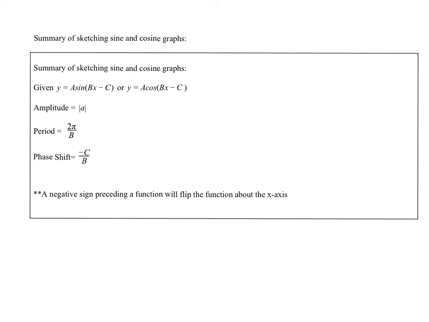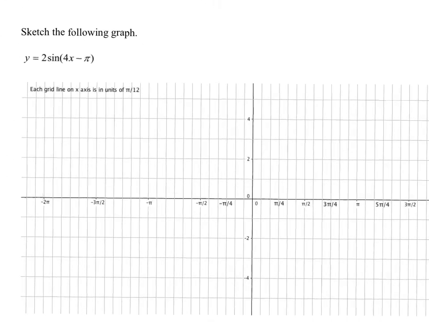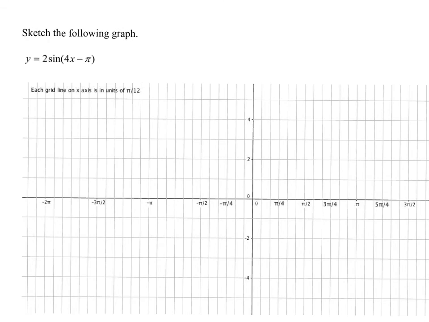And if we put a negative sign in front of the function, it's going to flip the function about the x-axis. So negative in front is a reflection. And again, this is just a restatement of stuff from section 1, so it is not new information. So let's go ahead and do some examples where we sketch graphs that have a phase shift.